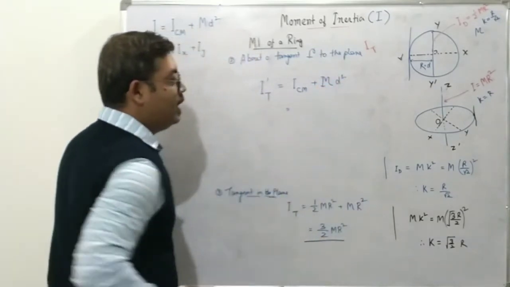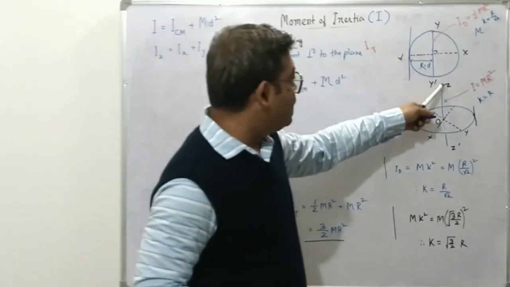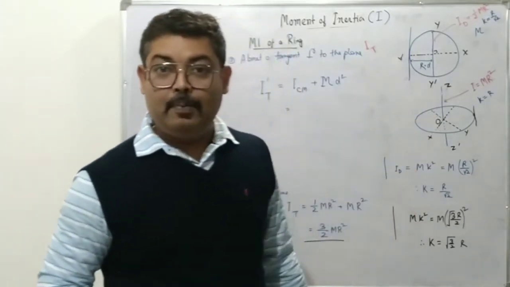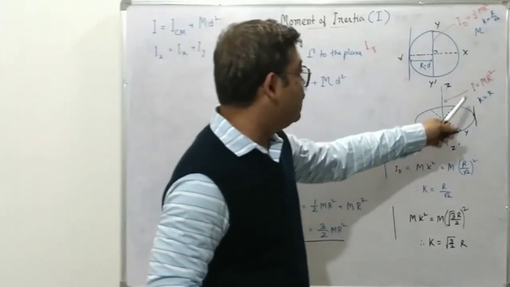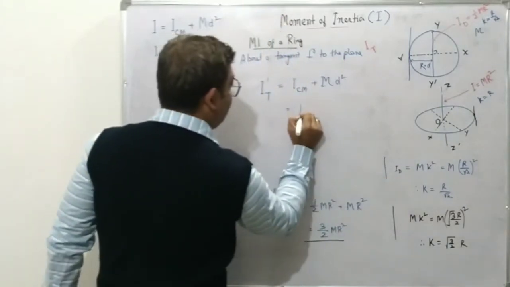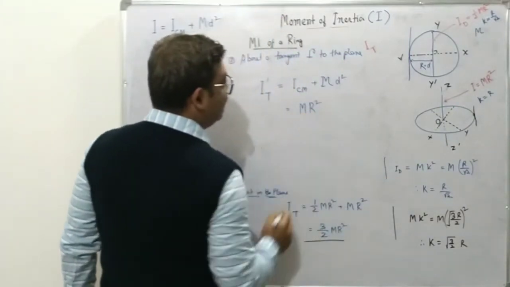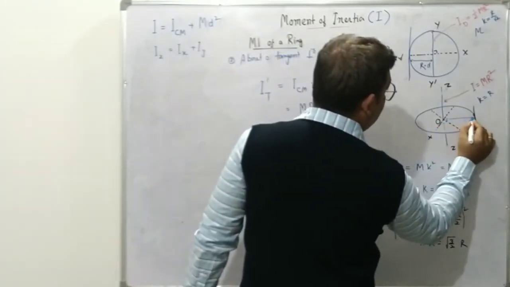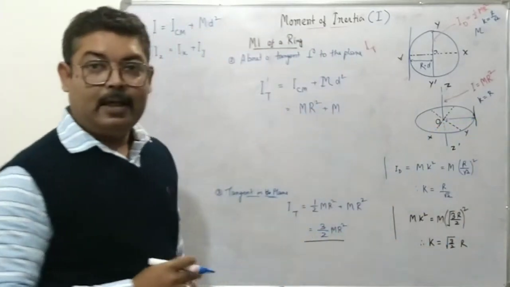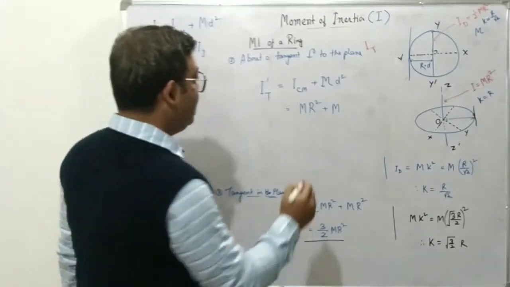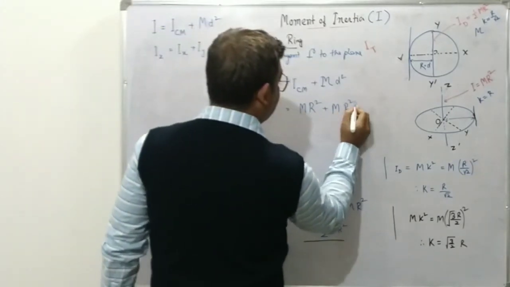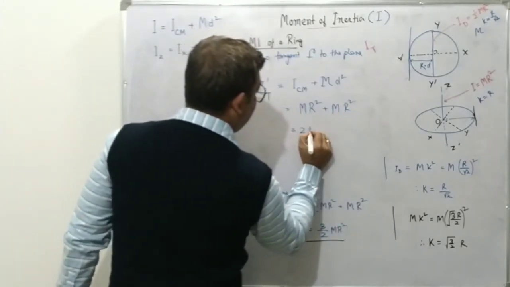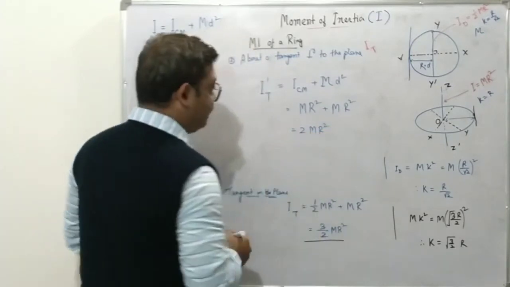Now this ICM is the moment of inertia about the axis perpendicular to the plane of the ring and passing through the center, and so this is m r square. So we have m r square plus m d square, where again the distance between the tangent and the axis through the center is r, so we have r square. So we have 2 m r square.